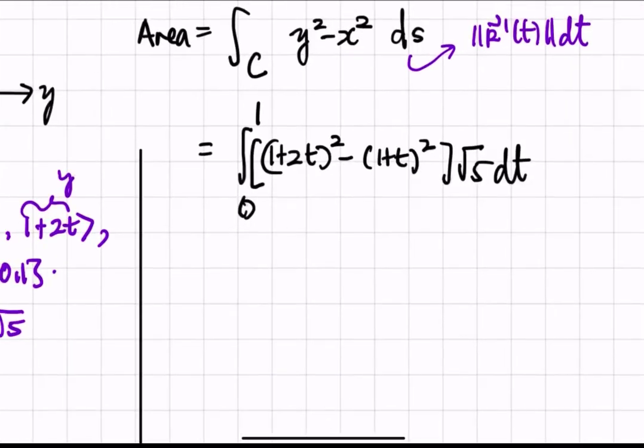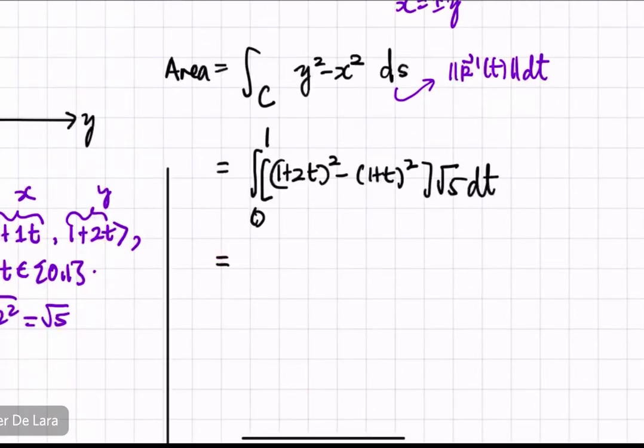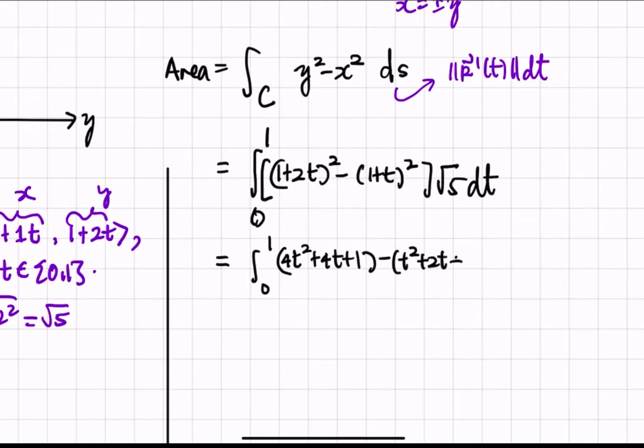Then this is just an ordinary integral. So what is it? 0 to 1, 4t square plus 4t plus 1 minus t square plus 2t plus 1. I'll take the square root of 5 out.